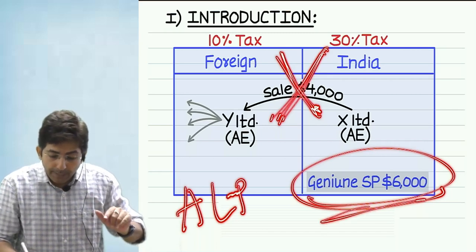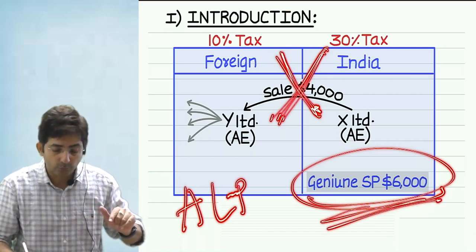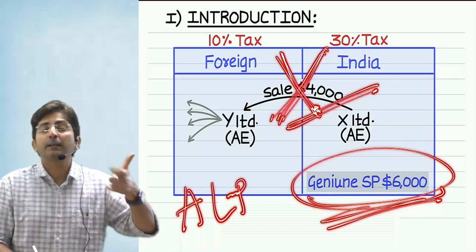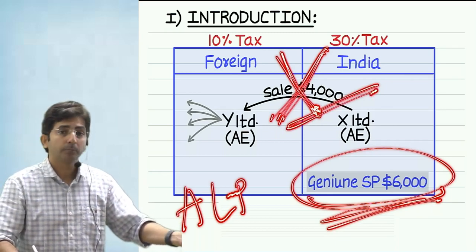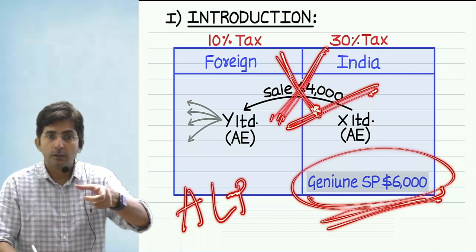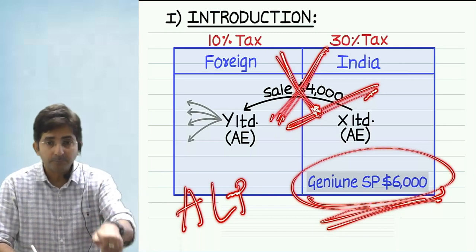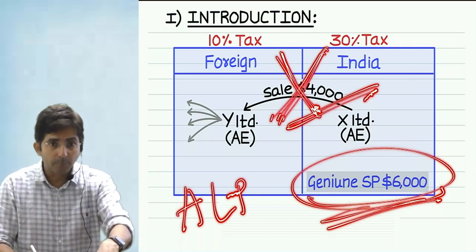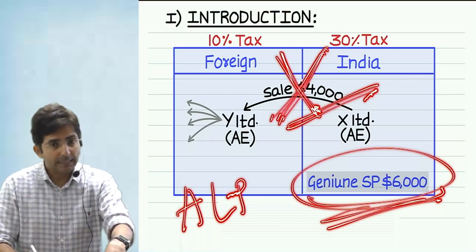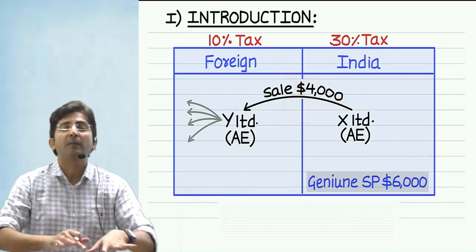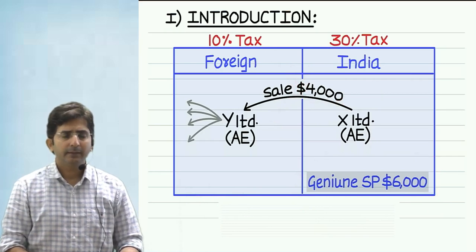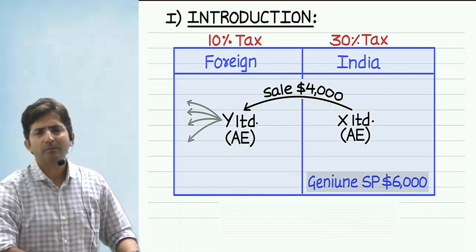And you know what government will do now? It will compare this genuine price with 4,000. What is the difference? The difference is $2,000. So whatever shortfall has appeared in the books of X Limited will be added in the income of X Limited. In short, the cheating will not work now.